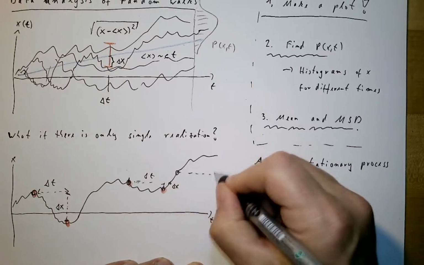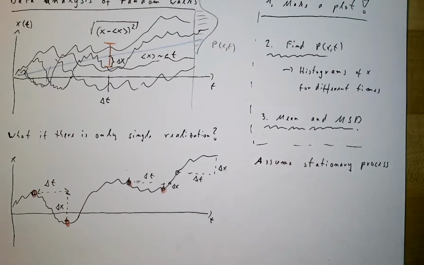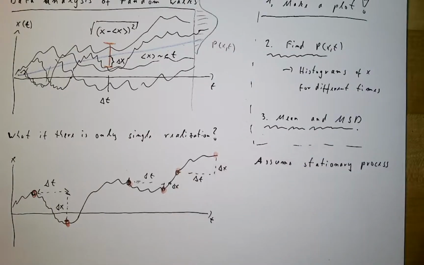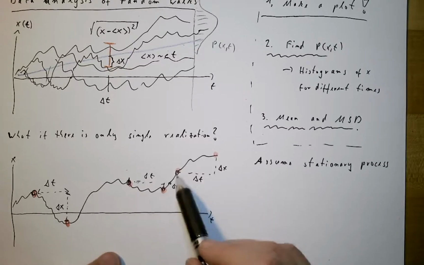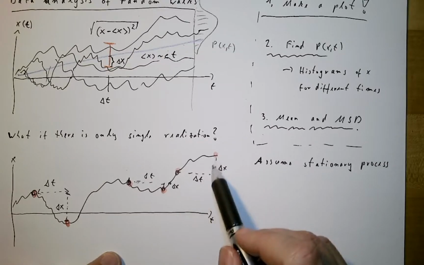I go at a certain distance, delta t, and try to find delta x. Then I have these 2 points, and basically I can do this for every starting point in my walk. I can do it for every point where I have at least data at some time distance delta t.